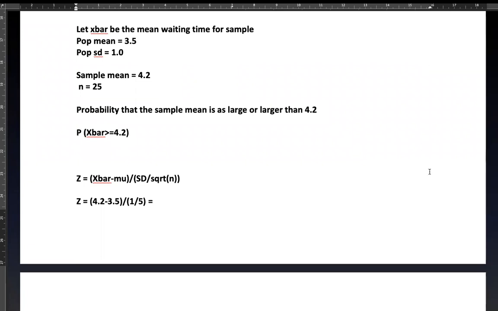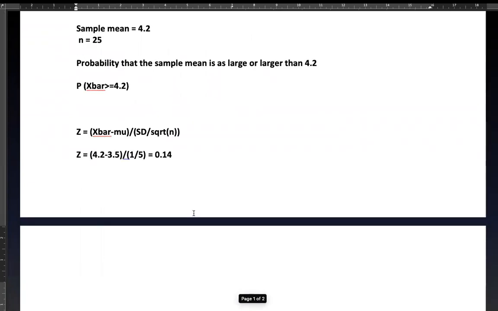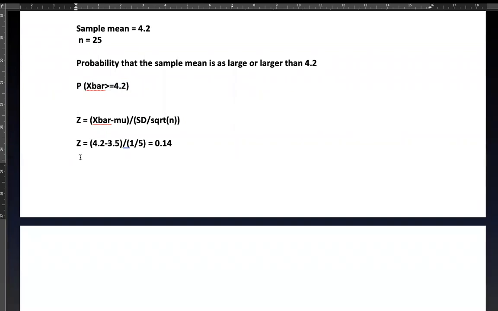Please hold on. Okay, Junior says it is 0.14. So that is good. All of you are following, that's great. So this is actually the same as the probability that Z is greater than or equal to 0.14.